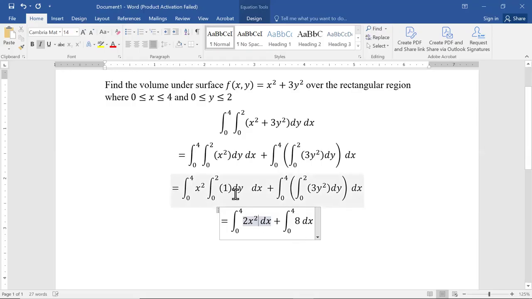Again, can't forget that x squared. I pulled it out. Think of it, this whole thing became a 2, and I got 2x squared.